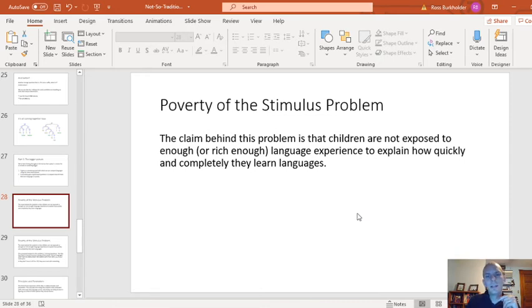Noam Chomsky coins this problem as the poverty of the stimulus problem, which is a cool name but not very transparent. So what he says, and what people after him since have said, is that children learn language crazy quick. They learn language extremely quickly. And we need an explanation for that in some ways. Some people have said that the amount of linguistic input that you give a child is neither enough in quantity or rich enough in quality to explain how quickly they learn languages.